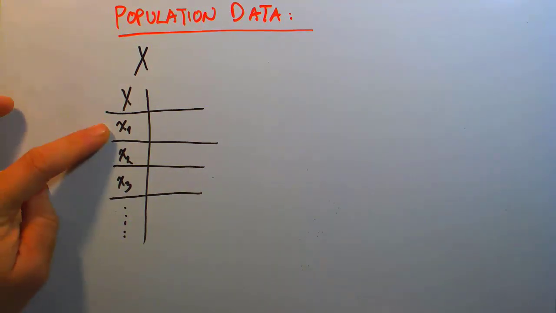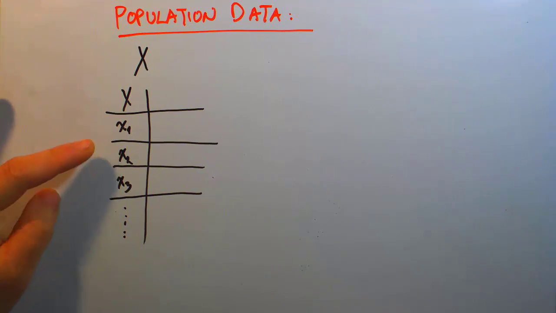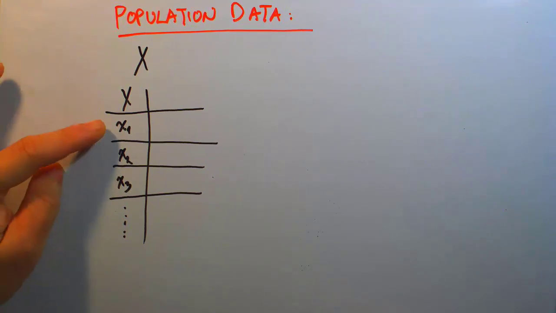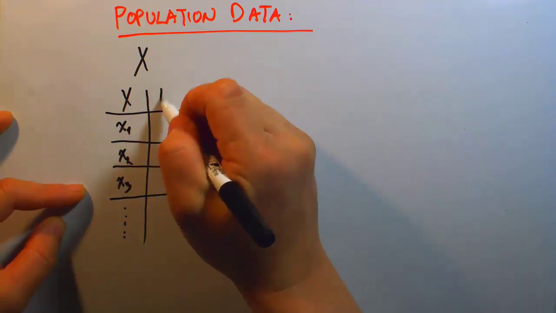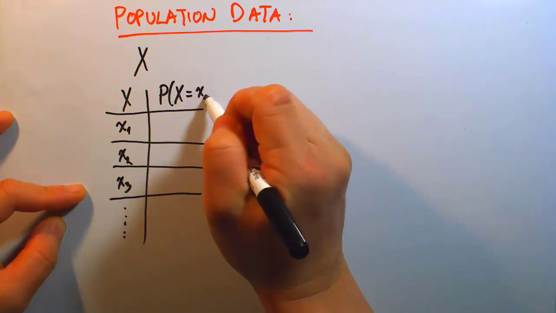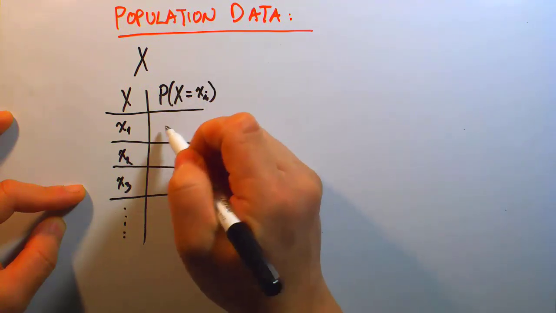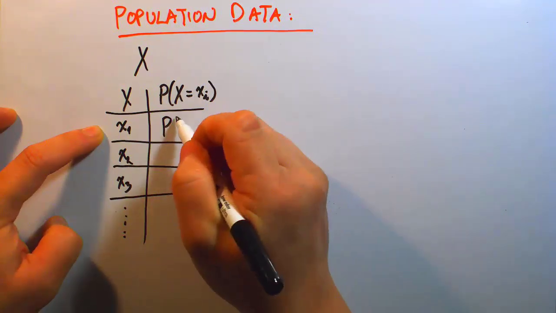All these values are the distinct values, the unique values of the random variable X, and the right hand side column represents all the associated probabilities when the random variable equals that distinct value on the left hand side.